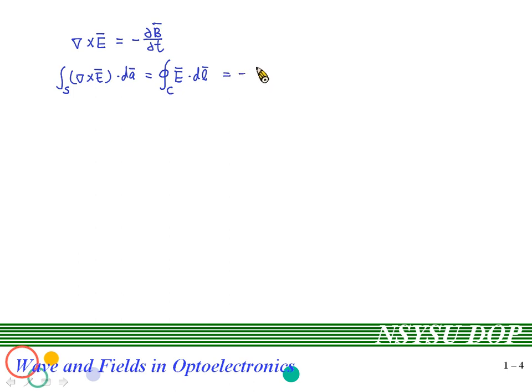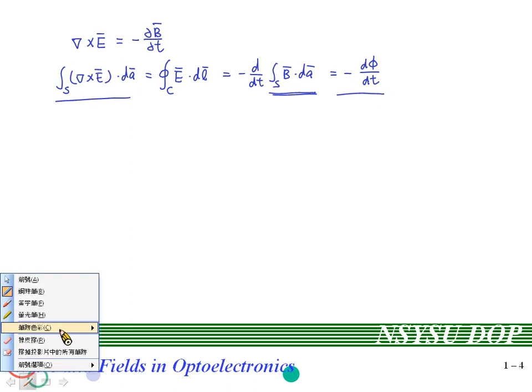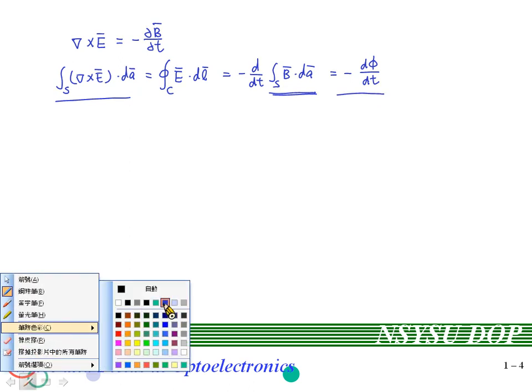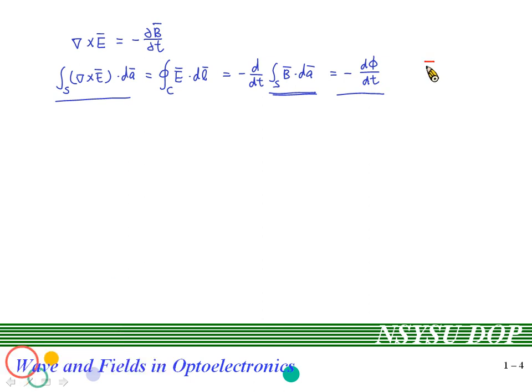It will become minus d/dt of B dot dA over the same open surface S. And for this one, we know that this will become the magnetic flux, so it will become minus dΦ/dt. Okay, and the final result is the well-known equation, which we call Faraday's law.